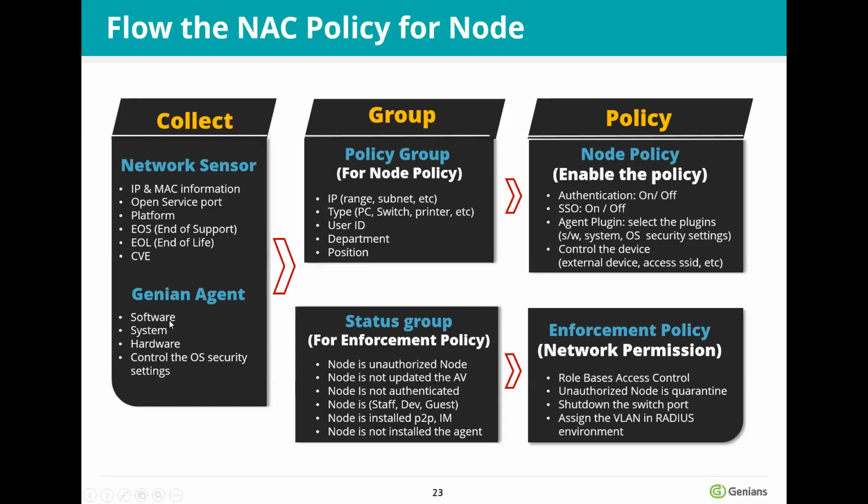And Genian agent is installed in a device like Windows or Mac or Linux. Genian agent collects more detailed information about the system, software, hardware, and controls the OS security setting, and handles the device status.